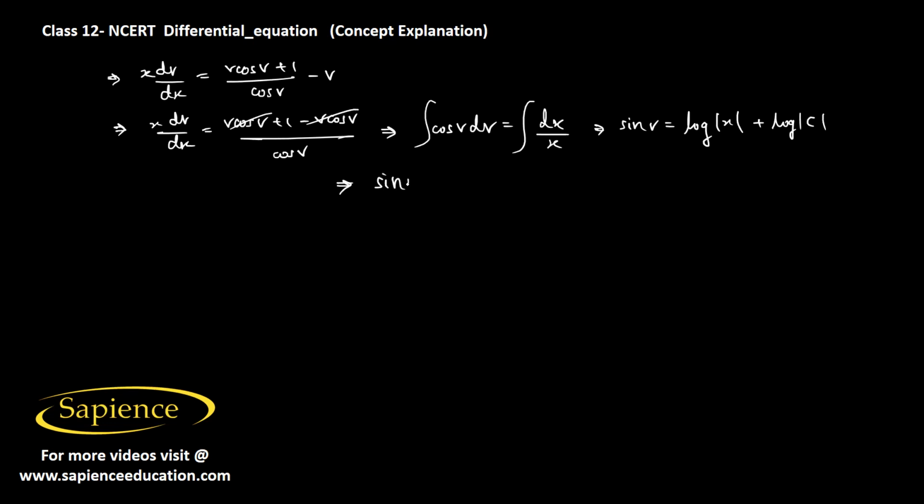So therefore sin v we can write as log mod cx, and then v we can write as y by x. So therefore we can write this as sin(y by x) equal to log mod cx. So this is the required general solution of the given differential equation. So this is the final answer.